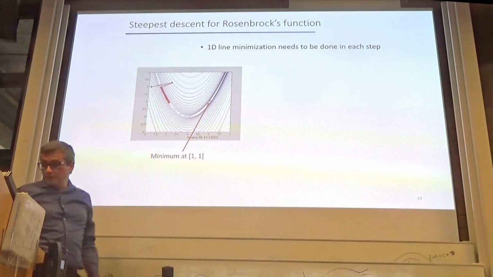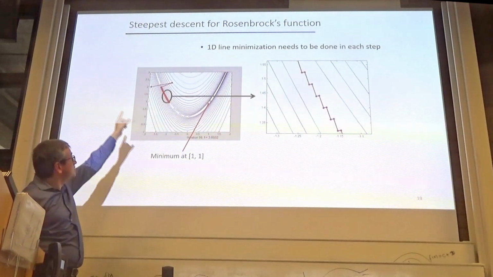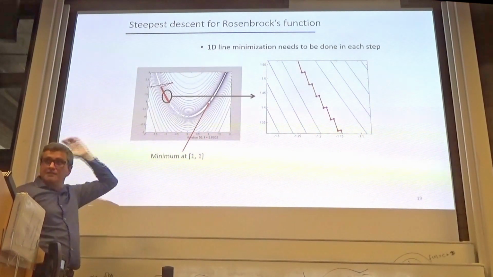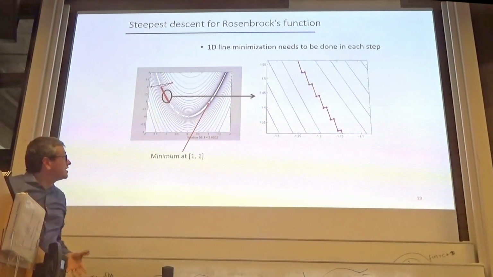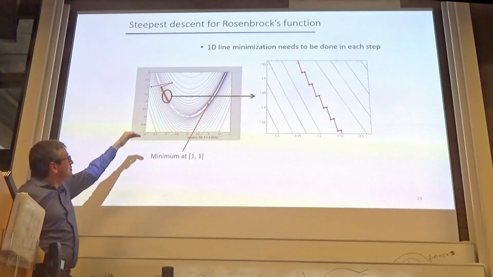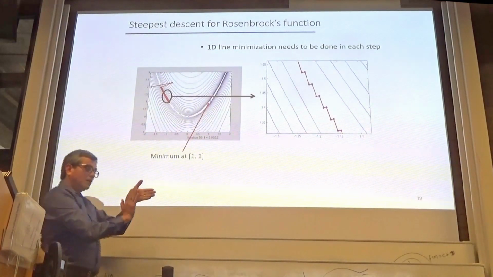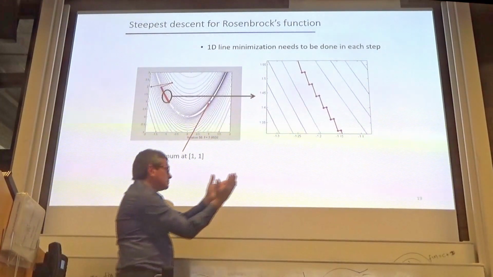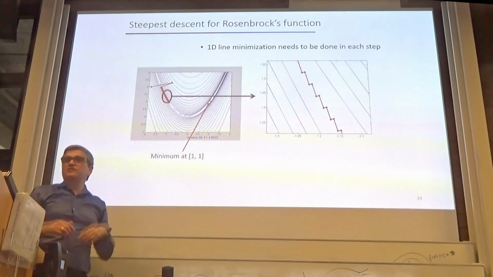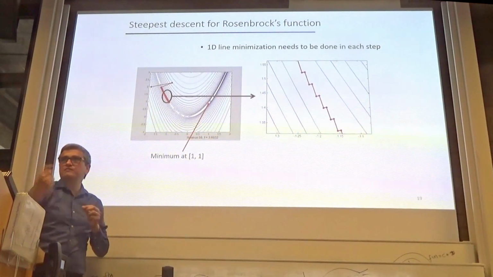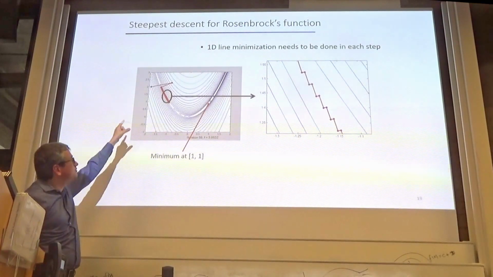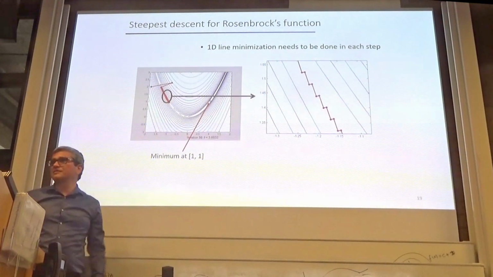If you look here, you can see the zigzagging there. The nice feature about this function is that the valley is not linear but curved. No matter where you start, you end up zigzagging in the valley.